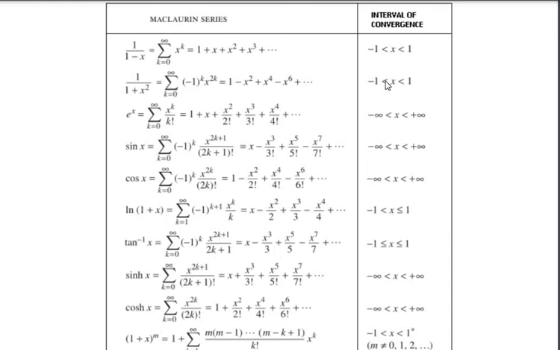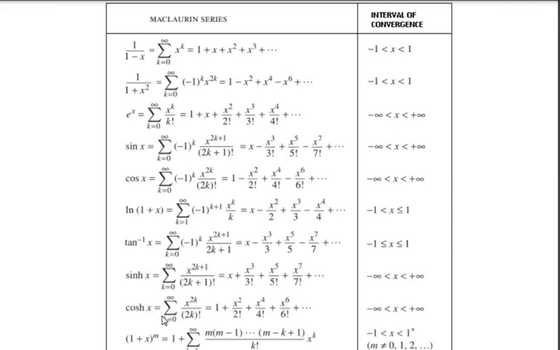We can find the interval of convergence is minus 1 less than or equal to x less than or equal to 1. For the hyperbolic function sin hx, it will be equal to x plus x cube divided by 3 factorial plus x raised to 5 by 5 factorial plus x raised to 7 by 7 factorial plus etc. Its interval of convergence is minus infinity less than x less than plus infinity.